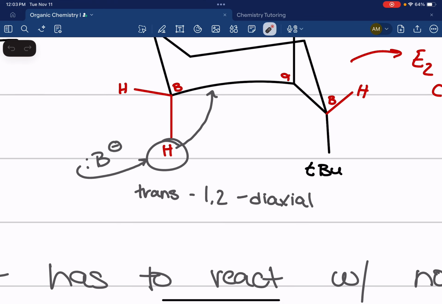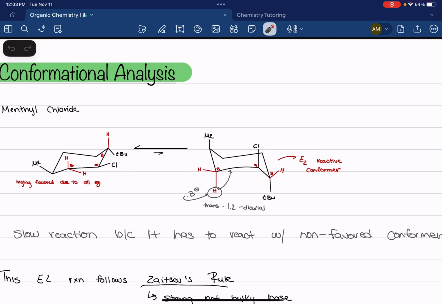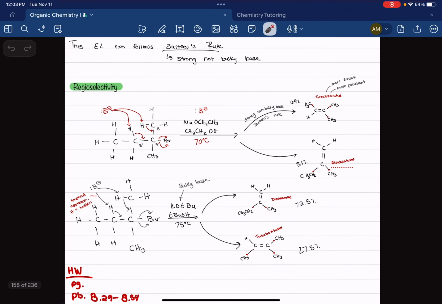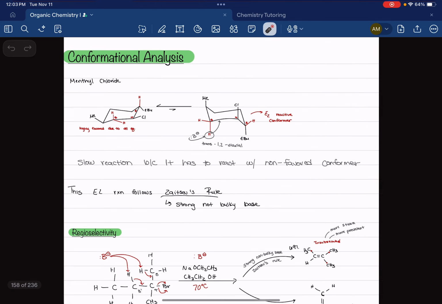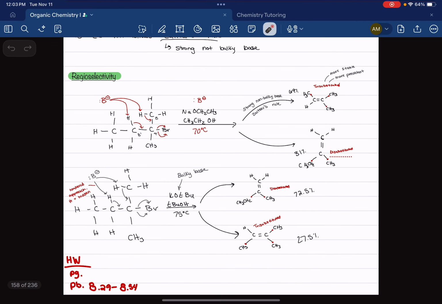I don't know if he mentioned to you guys the trans 1,2 diaxial. This is just another part of the regioselectivity and our antiperiplanarness. If you guys have any more questions on that, we can talk about it.